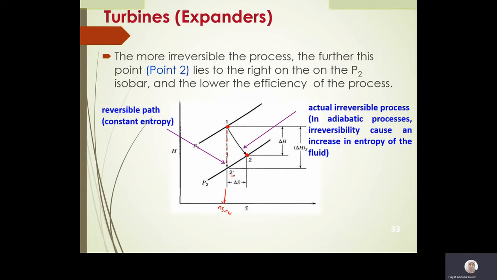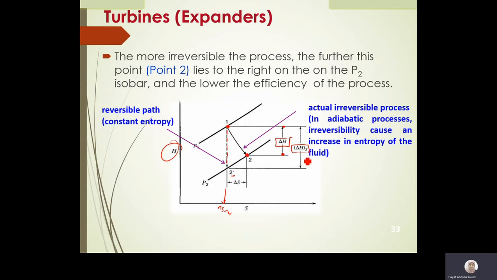In reality, what do we have? We have the shift from 1 to 2. If you consider delta H on the y-axis, then delta H is going to be only this y-axis interval between point 1 and point 2, this one. You can see it is much smaller than delta HS, because delta HS is moving from 1 to 2 dash, which is the change in enthalpy based on the isentropic process.